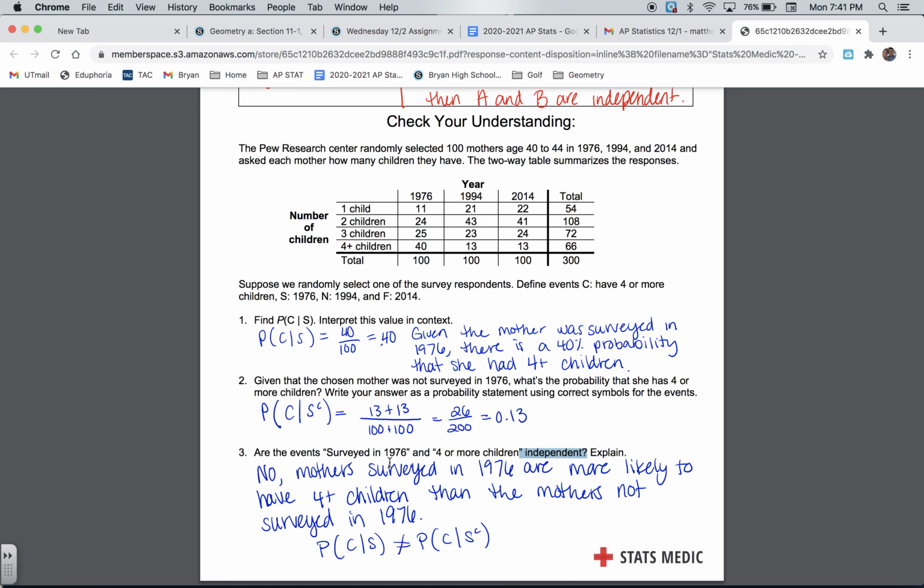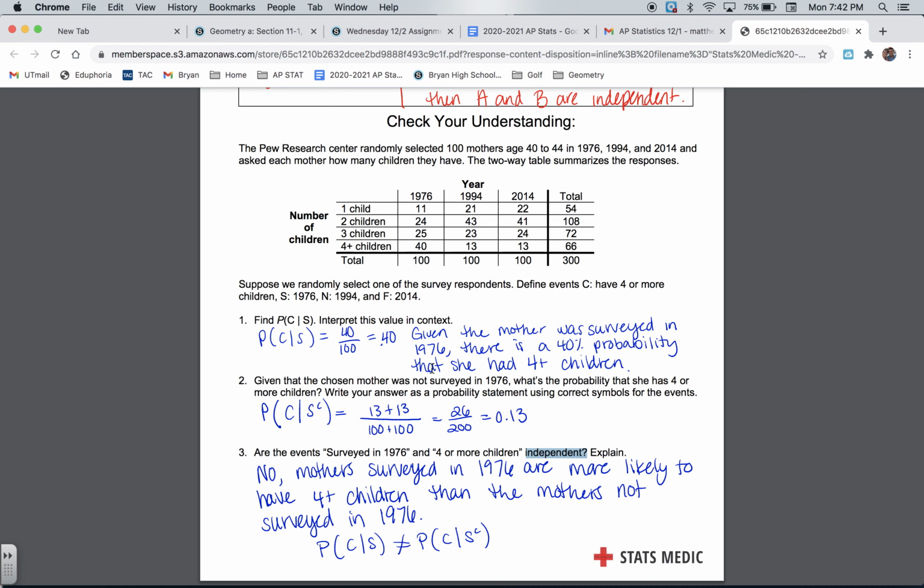If I know the year is 1976, there's a 40% chance those ladies wanted four or more children. If I know it's not 1976, there's a 13% chance. Are those probabilities the same whether or not it's 1976?